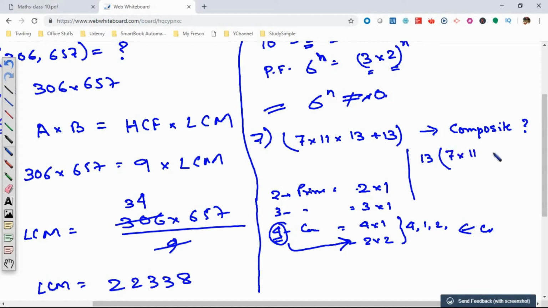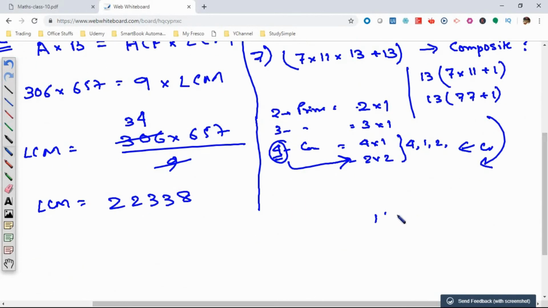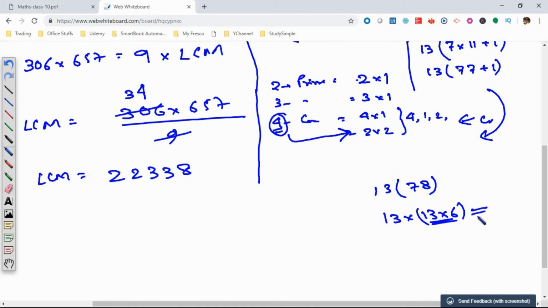We can write 7 into 11 plus 1, or 77 plus 1, which is 78. So that is 13 into 78, and 13 into 6 is 78, so it has 2 factors, so it is not a prime number. Since 6 and 13 are factors, it is a composite number.